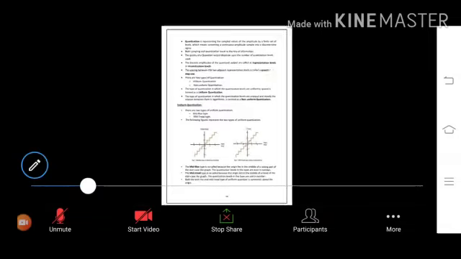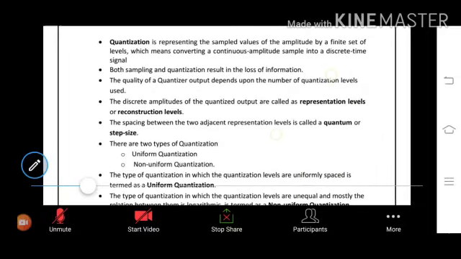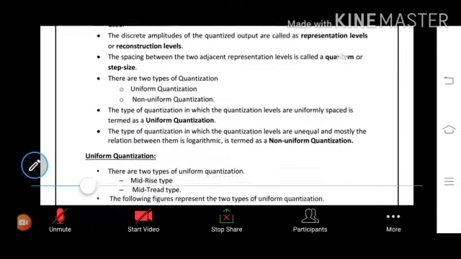So next continuation is to find out the quantization level. How to find out the quantization levels? It represents the sample values of the amplitude by a finite set of levels, which means converting a continuous amplitude sample into a discrete time signal. Quantization mainly uses reconstruction levels and quantum step size levels.